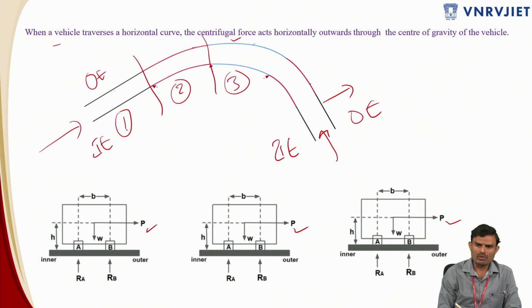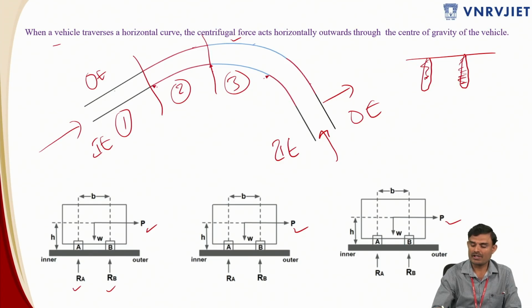The only difference is when the vehicle is in zone 1, on the straight path. You can see RA and RB, which are the reaction at location A and the reaction at B. If you look at the pressure distribution at RA and RB in zone 1, this is my RA and this is my RB.